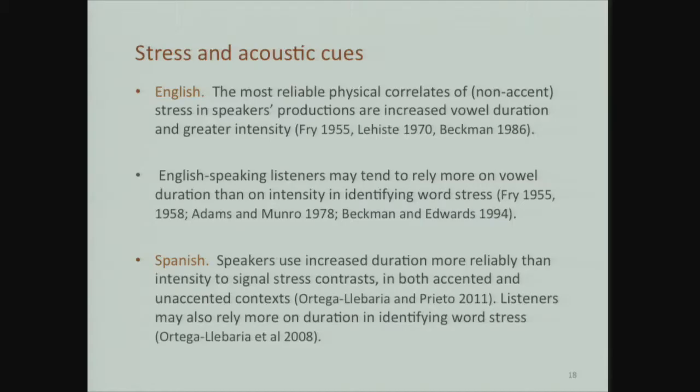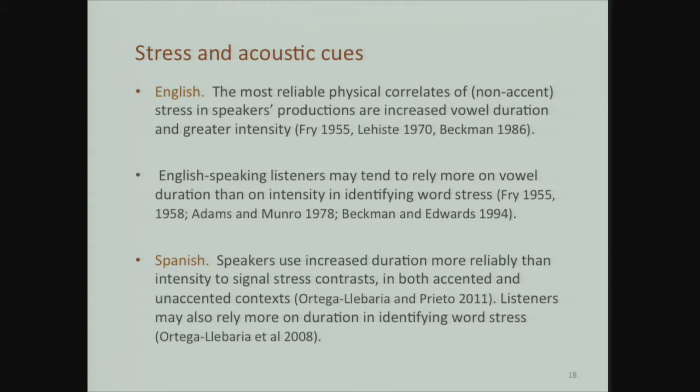We do know that in English, acoustic correlates of stress have been much studied, and the most reliable physical correlate of non-accent stress in speakers' productions is increased vowel duration, and to a lesser extent, greater intensity. We also know that English speakers may tend to rely more on vowel duration than on intensity in identifying word stress.